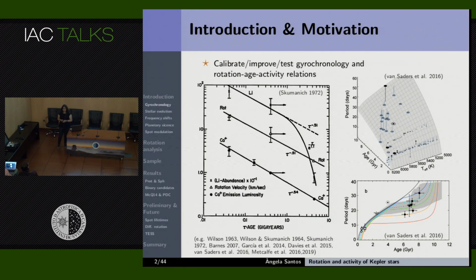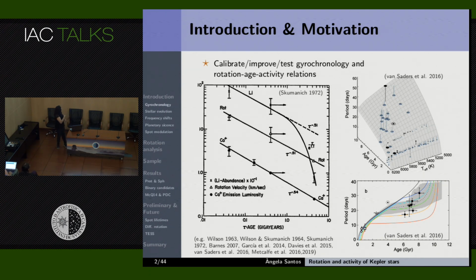But why is it important to know rotation and photometric activity levels for stars? One of the reasons is that we can use rotation and activity to estimate ages of stars, in particular for stars that we don't have asteroseismology for; this is one of the only ways to get ages for stars.